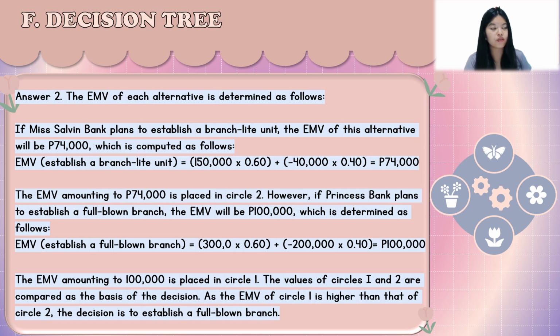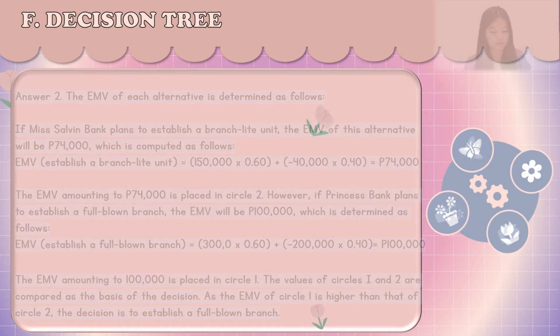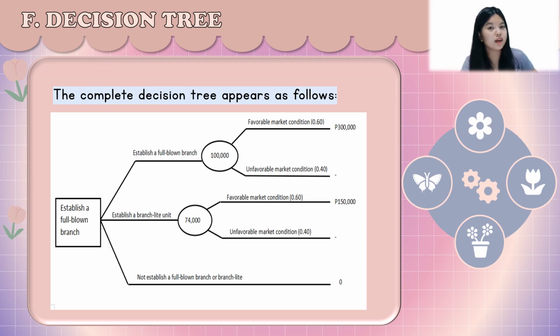So, the values of 1 and 2 are compared as the basis of the decision. In this problem, we will get the one with the highest expected monetary value. So, based on this problem, ang mas mataas ay ang full-blown branch na merong 100,000. Therefore, the decision is to establish a full-blown branch which results in a 100,000 expected monetary value.